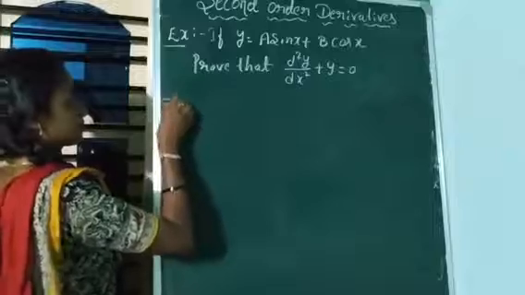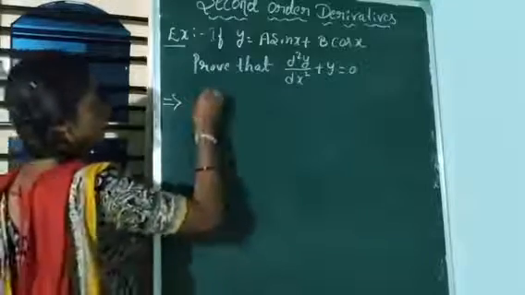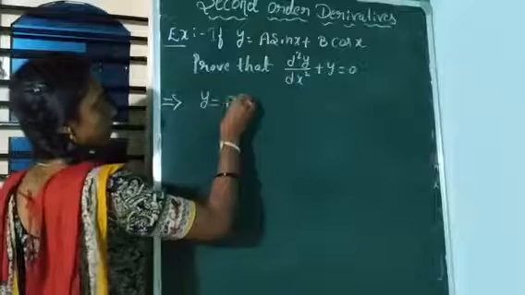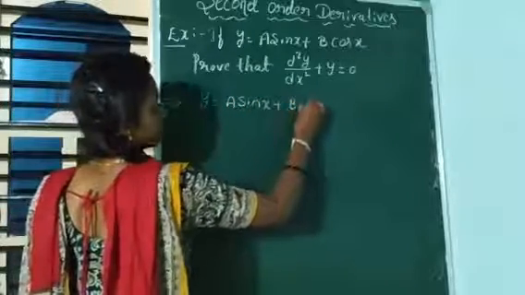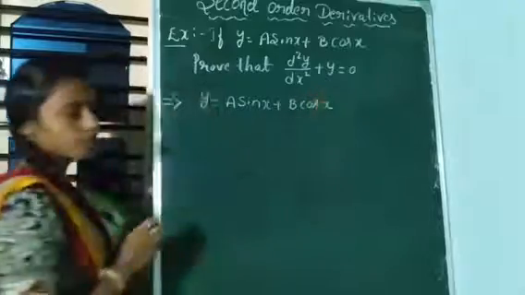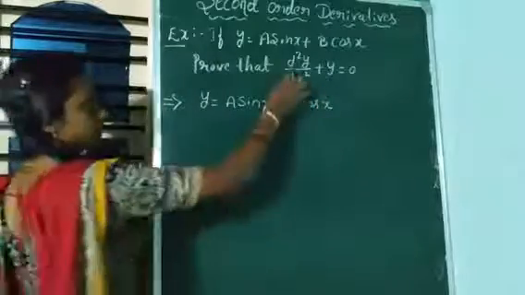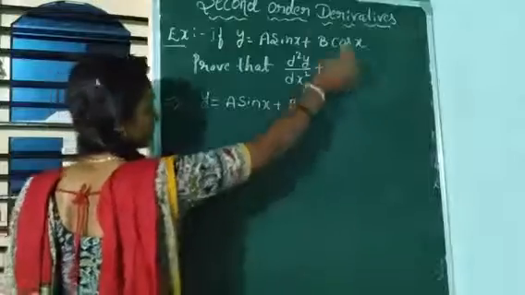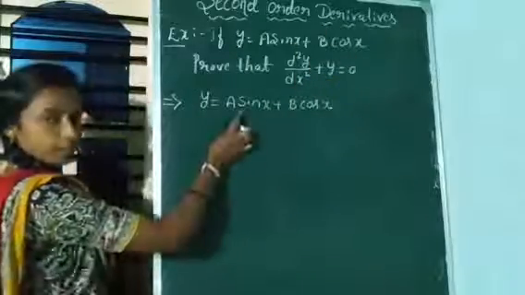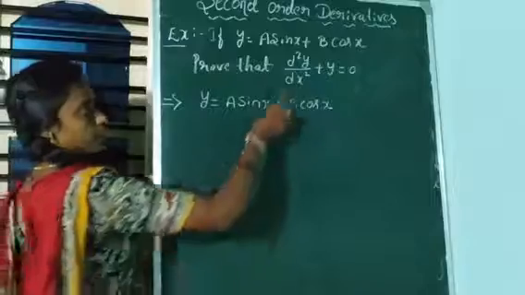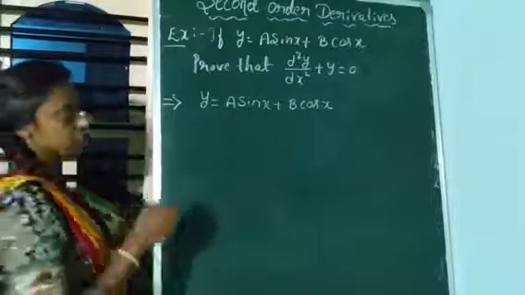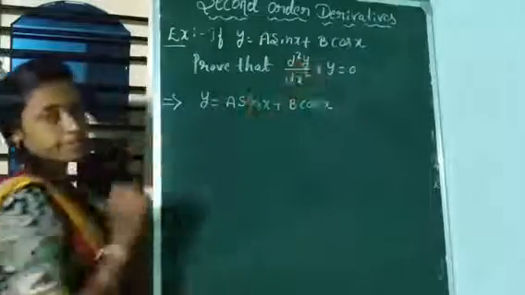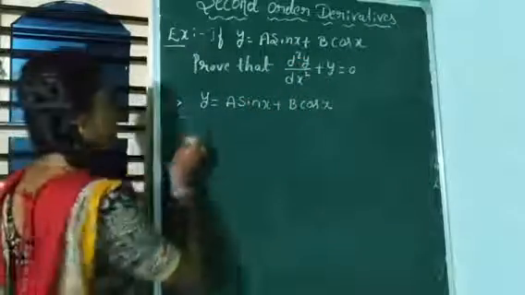The function y is a sin x plus b cos x. We need to prove that d square y by dx square plus y is equal to 0. Differentiate the given function twice, and if you add the derivative to the function, you should get 0. That is what we need to prove.